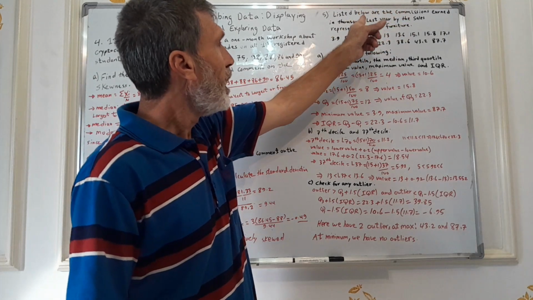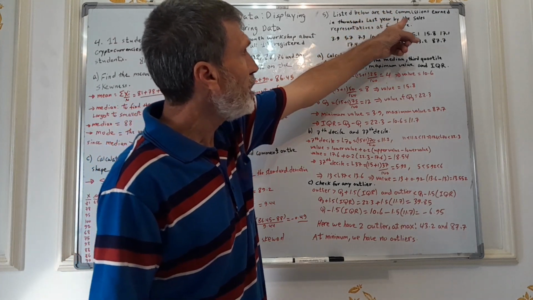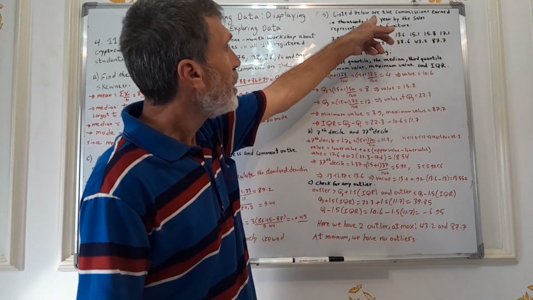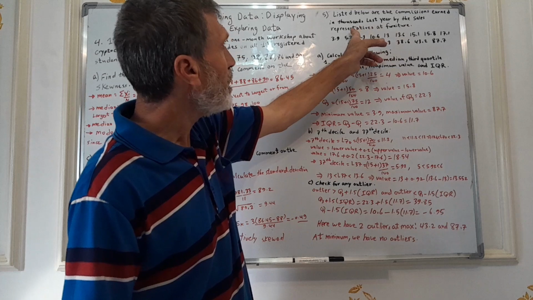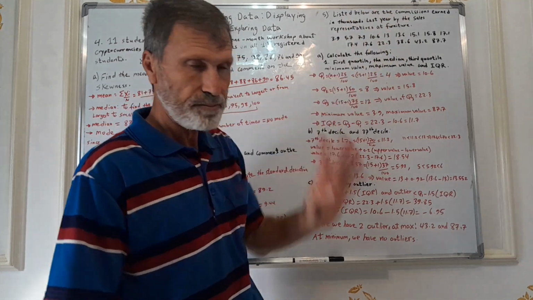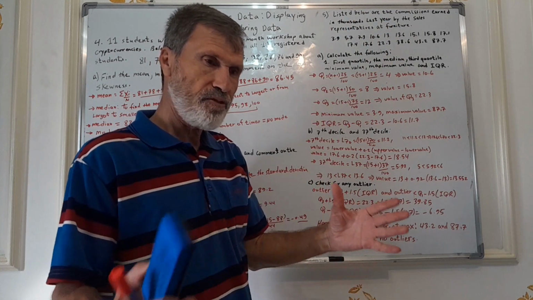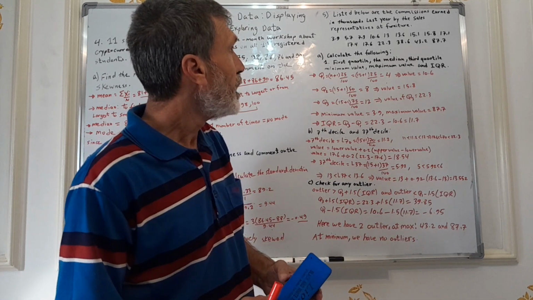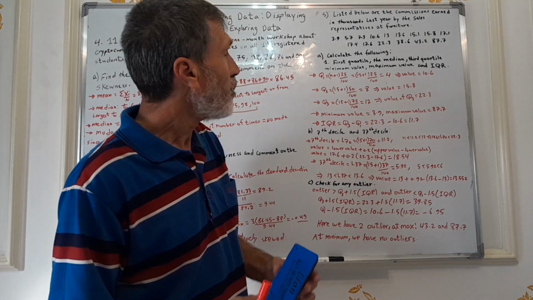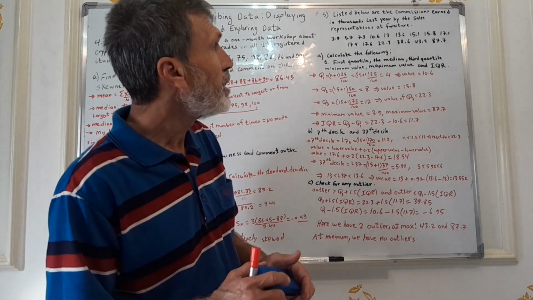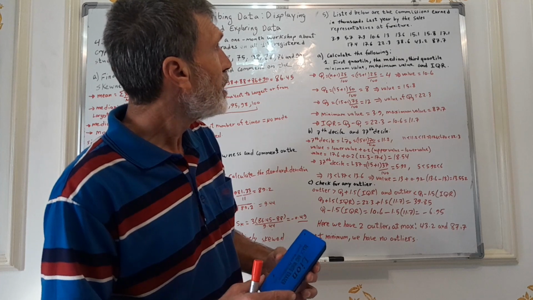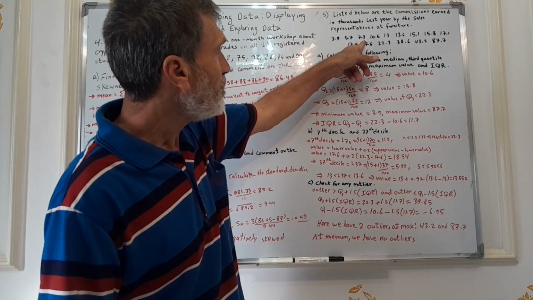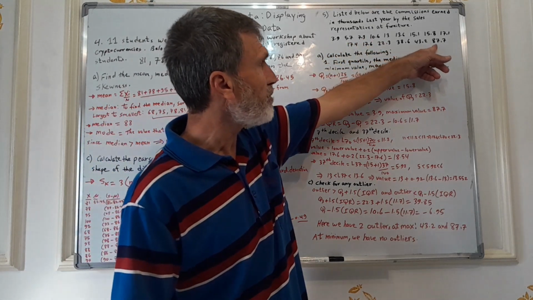Now, move to question 5. Question 5 says, listed below are the commissions earned in thousands last year by the sales representatives at a furniture firm. These are the commissions made by those representatives: 3.9, 5.7, 7.3, all the way till 87.7.